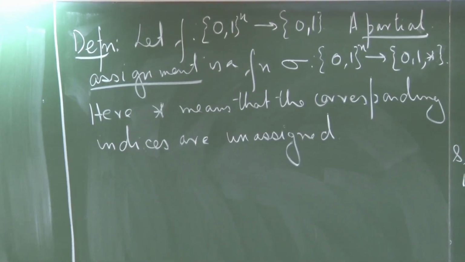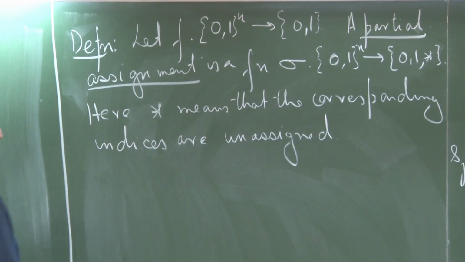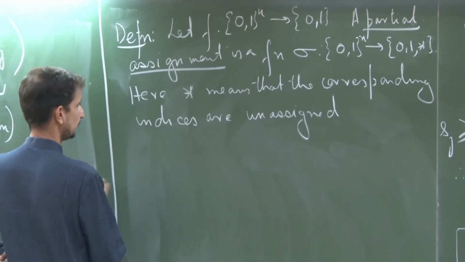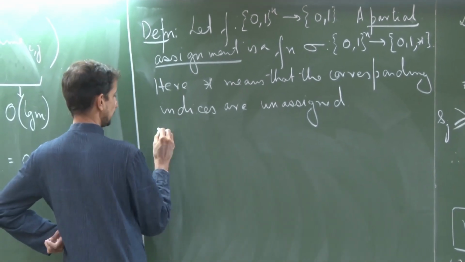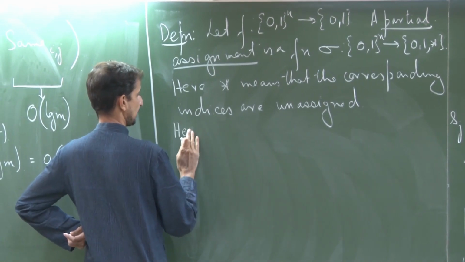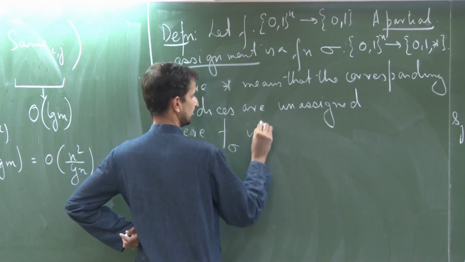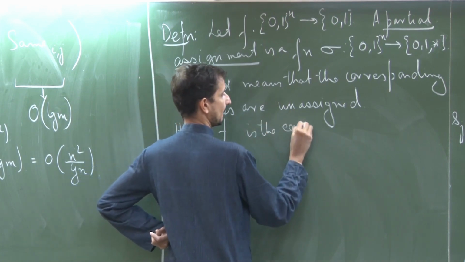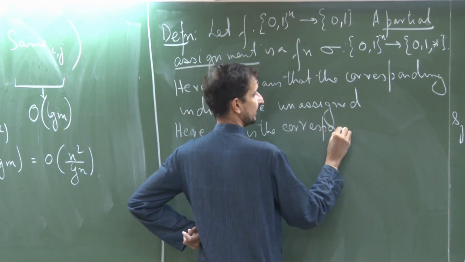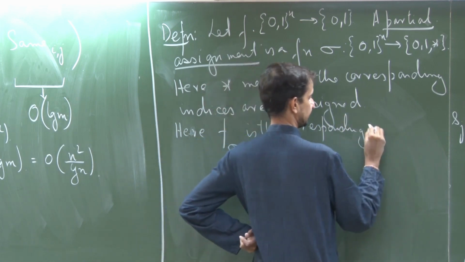This is another way of looking at a restriction, and the notation is the same: f restricted to sigma is the corresponding restriction.